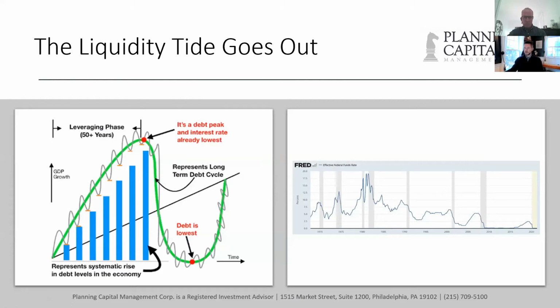And here's why I say that. So I want to just explain these charts that are up here. They look a little confusing, but they're actually saying something incredibly simple. If we look on the right-hand side, these are interest rates, federal funds rate, over the last 50 years.